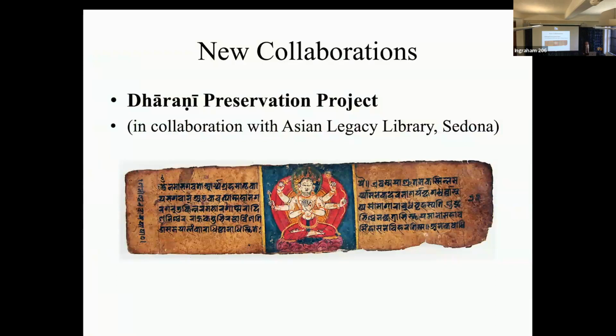And last year, in Dharani, one of the interesting topics, not many scholars work on it, only a few handful like Ronald Davidson and a few handful of professors. So I thought, why don't we start the Dharani preservation project? Because Dharani texts are not widely available.